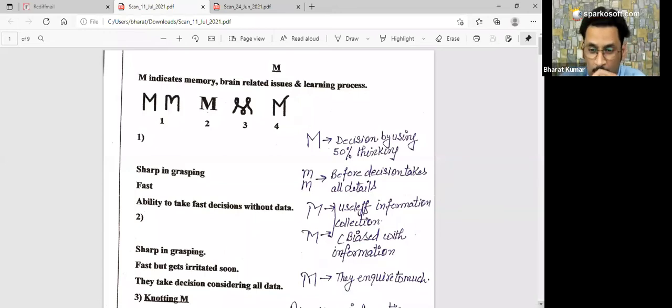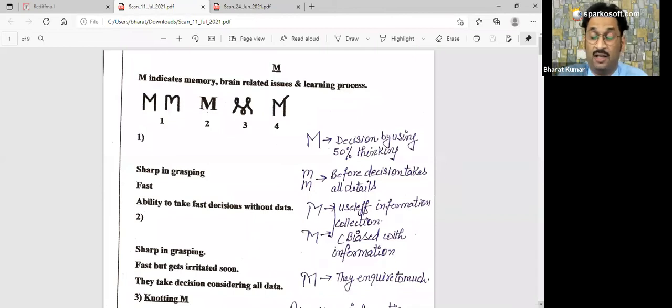But what is the problem? Those people, I will not disclose the name. In the last few days, I had a few experiences with many people, those who used to write in a typed-like structure. It may be any alphabet, like the second type of M, known as the printed M. These kinds of people get irritated fast.